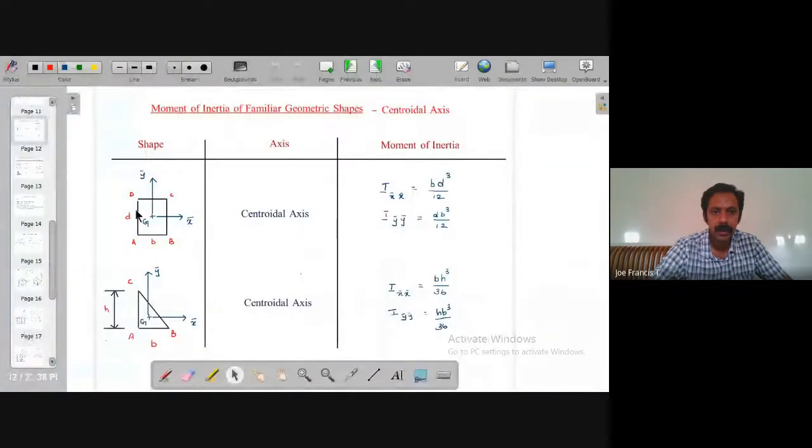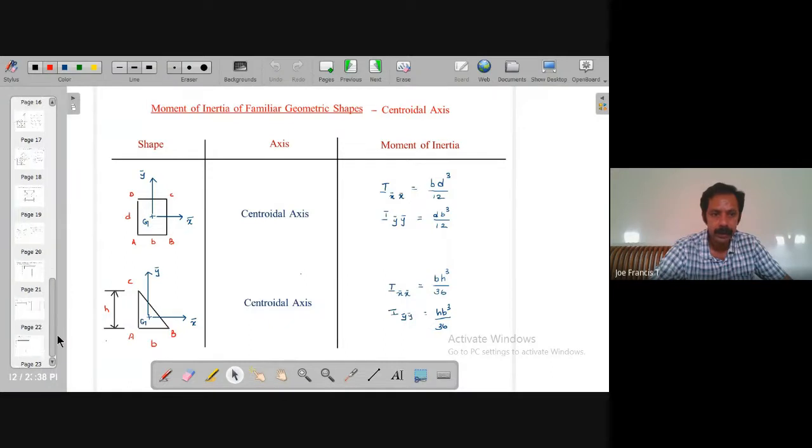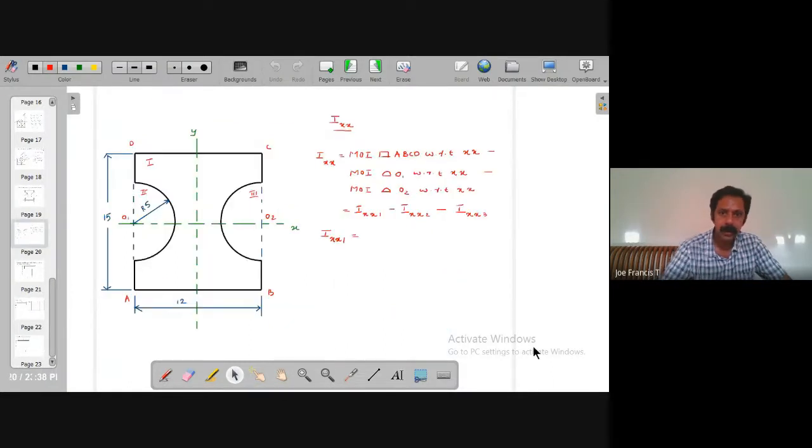So Ixx1 is BD cubed by 12, where B is 12 and D is 15.